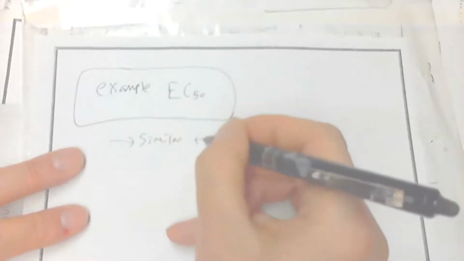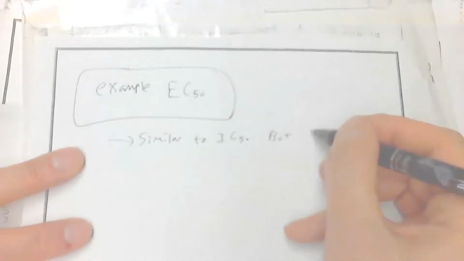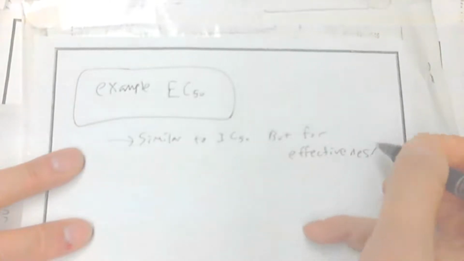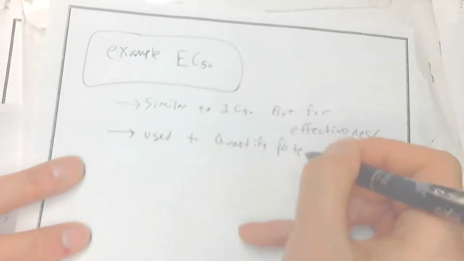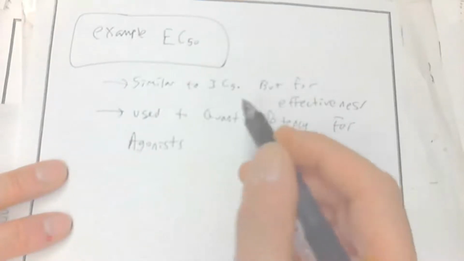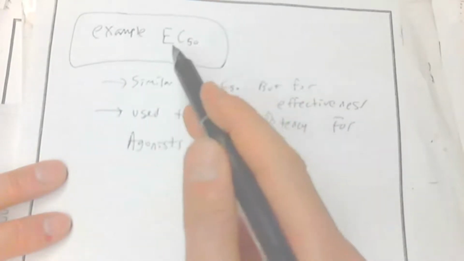So it's similar to IC50, but for effectiveness generally, and used to quantify potency for agonists. Usually, if you're describing inhibition or antagonism, you would always use IC50. But in the case where you're describing an agonist, it's usually going to be EC50.